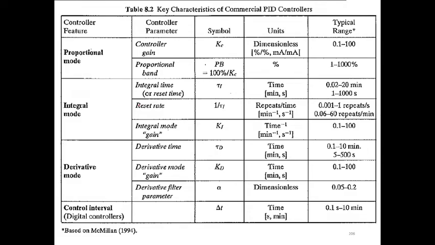Now, a very important point once again, the final conclusion, and then we will see the response of the system, and in the next lecture how the PID controller or the proportional control is realized with the help of an operational amplifier. In the proportional mode, this is the typical range, and it is very important from the industry point of view.